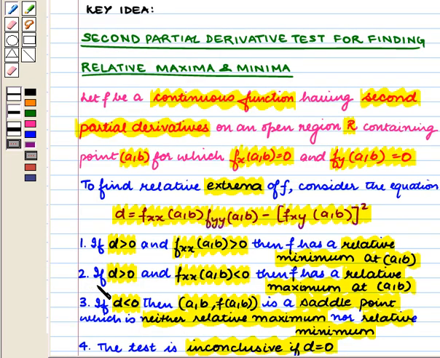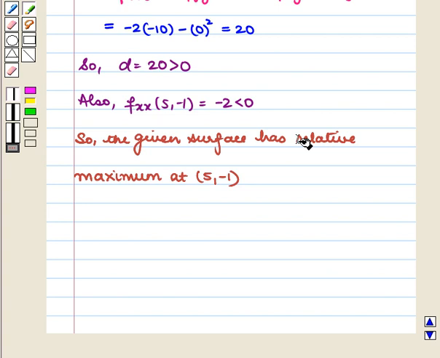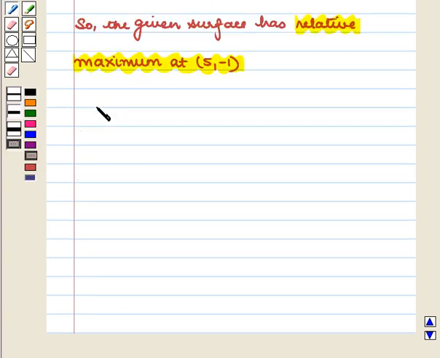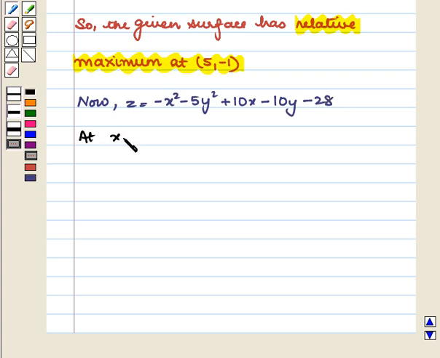From the key idea, we know that if D is greater than 0 and f sub double x at AB is less than 0, then f has a relative maximum at AB. So here the given surface has relative maximum at (5, minus 1). Now z is equal to minus x square minus 5y square plus 10x minus 10y minus 28 at x equal to 5 and y equal to minus 1.